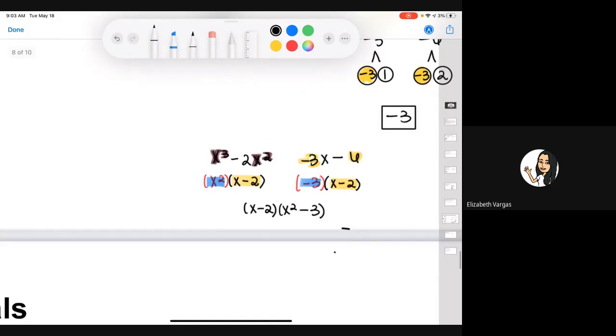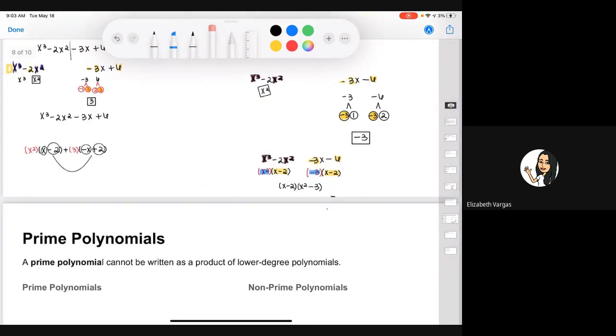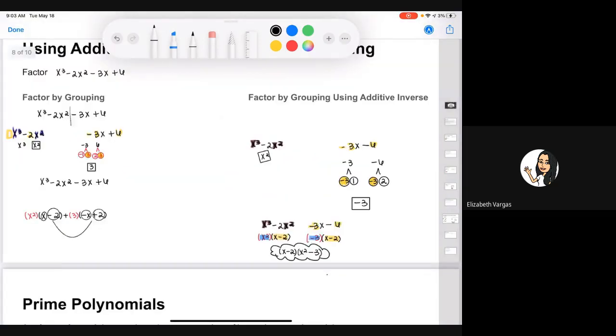And so what you notice is by using the additive inverse, what I've resulted in is two completely different expressions. This one is more simplified than this one. And so sometimes it's easier to use the additive inverse to factor your polynomial.